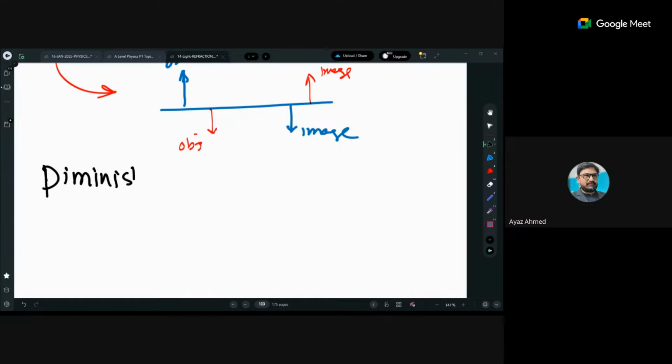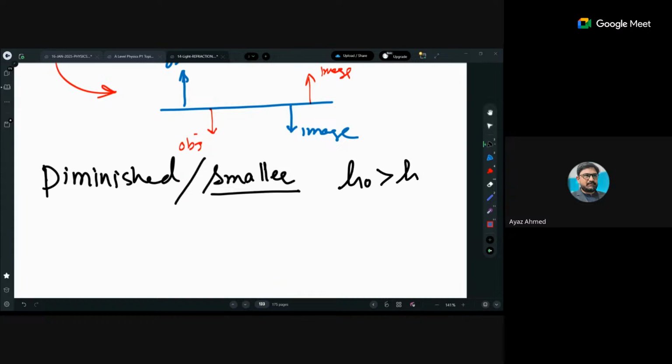Diminished, or smaller, is very easy: when the height of the object is greater than the height of the image, or vice versa. When the height of the image gets smaller than the height of the object, that is a smaller image or diminished image.